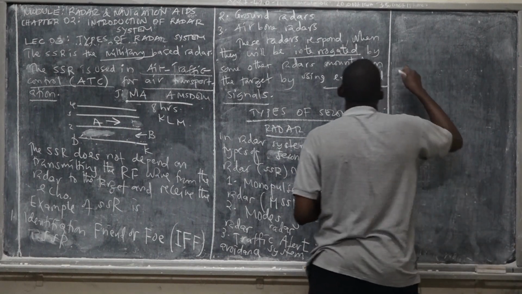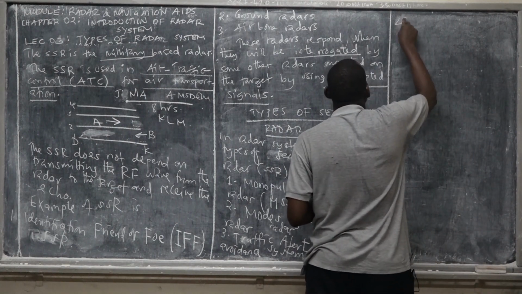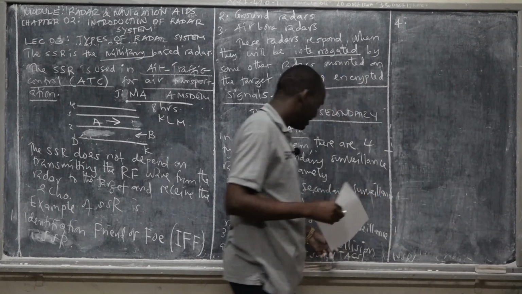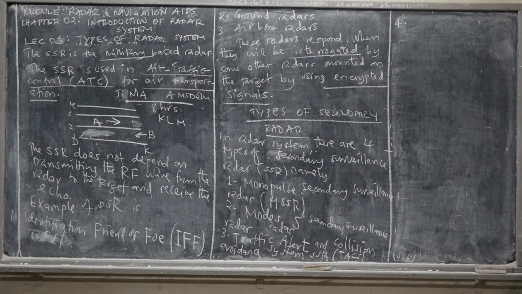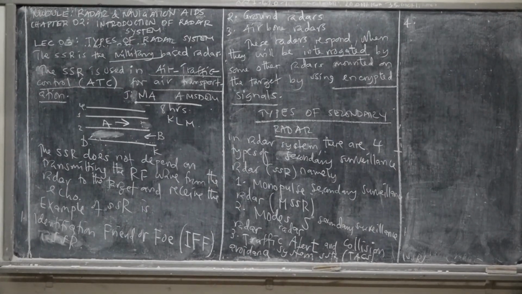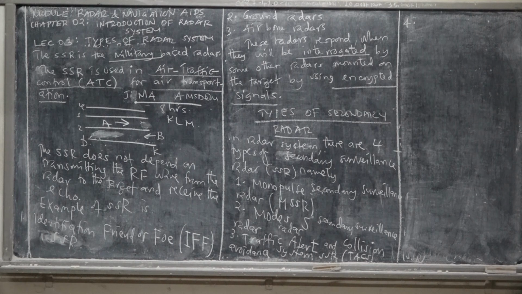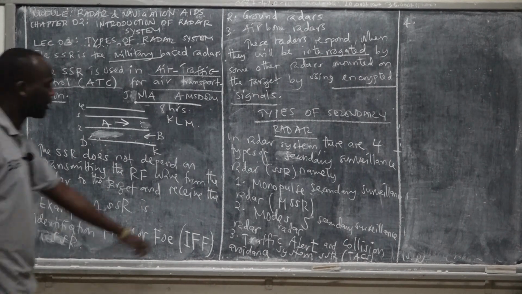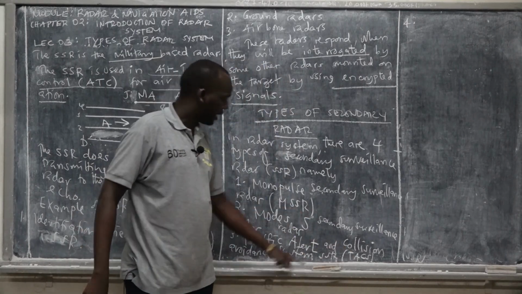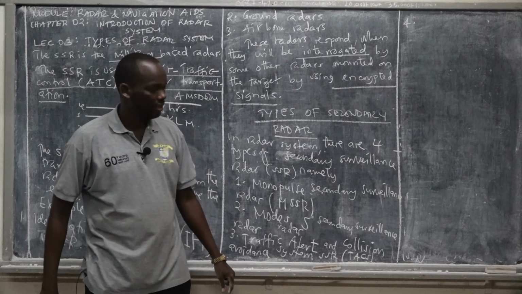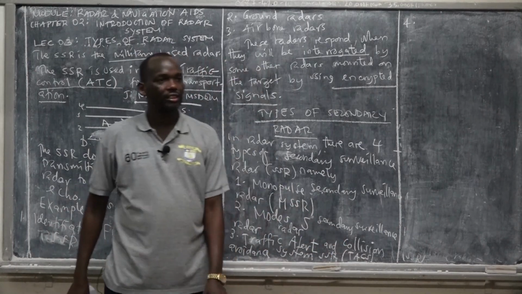Secondary surveillance radar. In short, we call it what? In short, it's TCAS. How do we read that abbreviation? Not taxi, the one that you order or board. T stands for traffic, A stands for alert, C stands for collision.